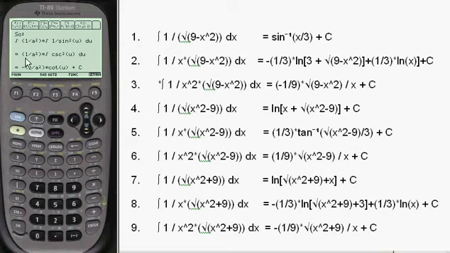And we have the constant outside the integral sign, okay? And the integration of cosecant squared is equal to minus cotangent u plus c.